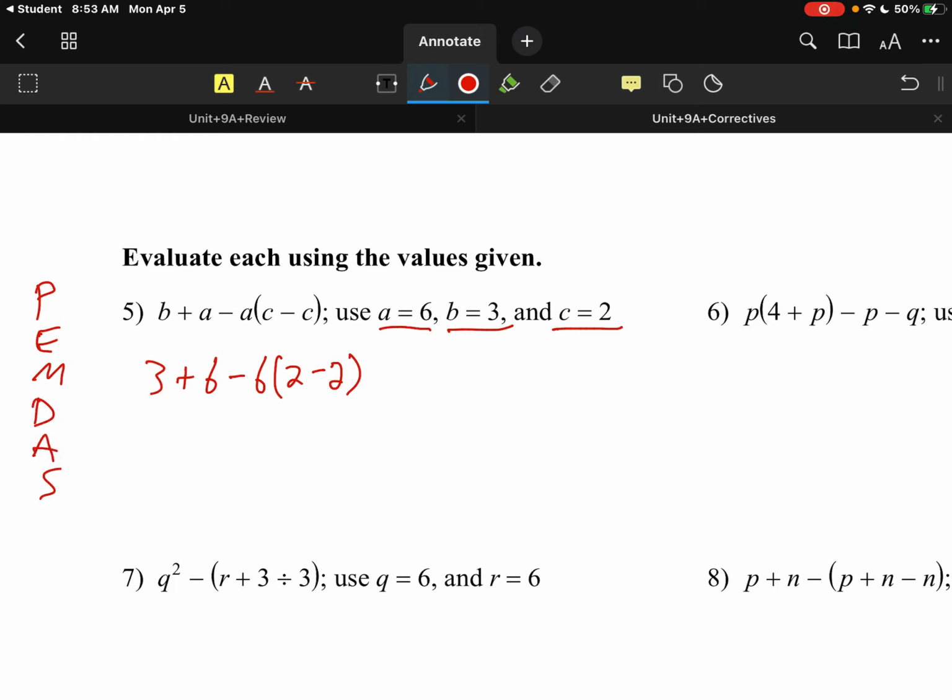Okay, so you have to do the parentheses first. So 3 plus 6 minus 6 times 2 minus 2 is 0. Okay, and then you do multiplying. So 3 plus 6 minus 6 times 0 is 0. And then you do adding, subtracting. So 3 plus 6 is 9, minus 0 equals 9.